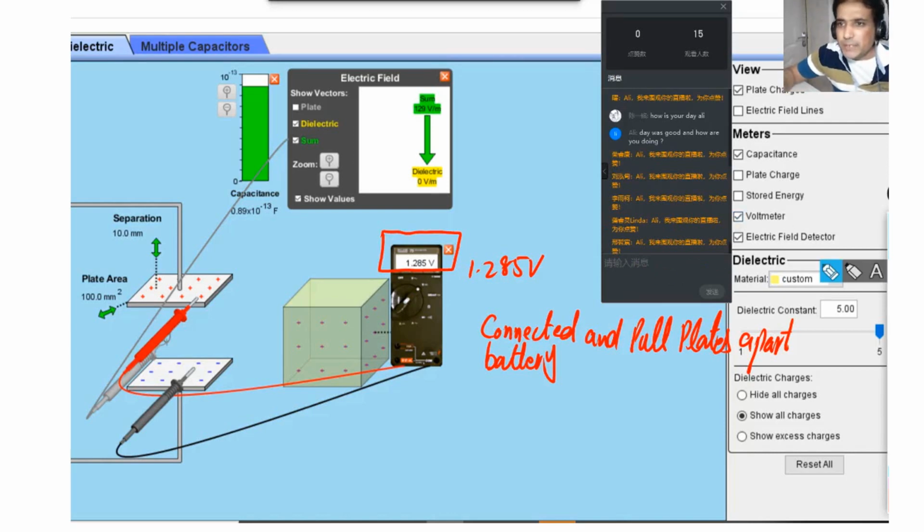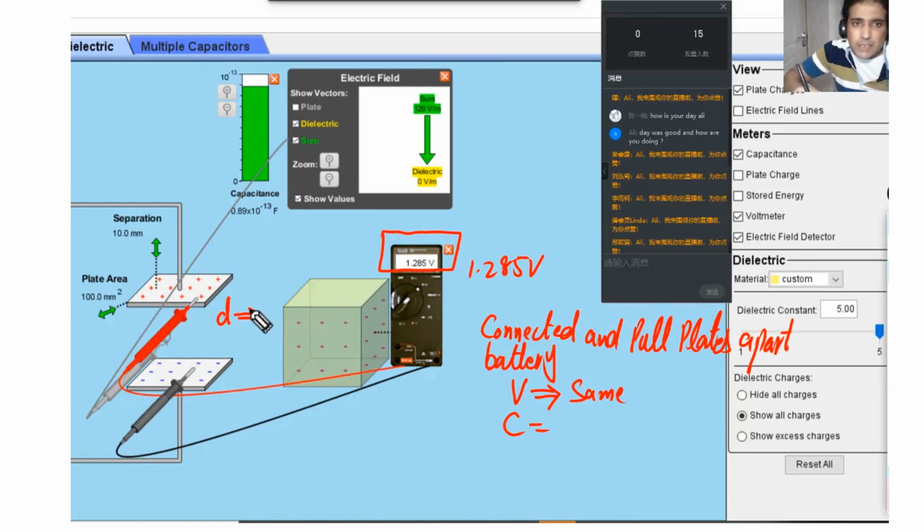So we can write down here, if we keep the battery connected and we pull these plates apart, what stays the same? Voltage stays the same. So we simply write down: voltage will stay the same. Okay. Now, how about the capacitance? Let's say we change the separation between plates from D to 2D.